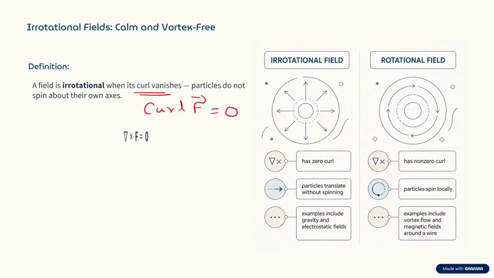The notation of curl is del cross f vector equal to 0 vector, which means we say that f vector is irrotational. This 0 is a zero vector. Zero vector means 0 i vector plus 0 j vector plus 0 k vector. So irrotational means the curl is 0.